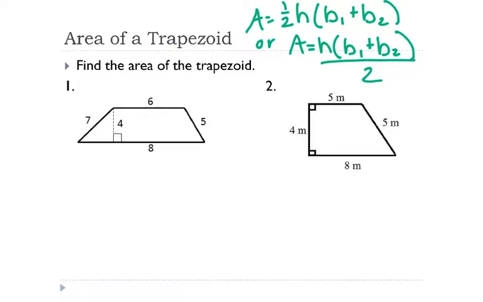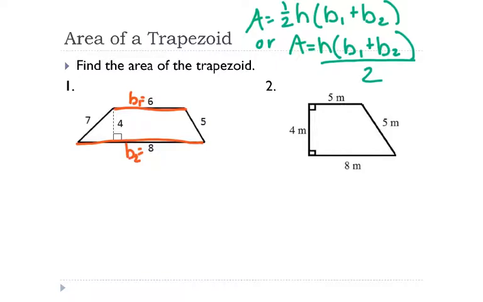So what that means is that 6 and 8 are going to have to be my bases. So I'm just going to write, and it doesn't matter which one is base sub 1 and which one is base sub 2, base sub 1 is equal to 6, base sub 2 is equal to 8. And then it helps to be able to draw right on the figure.